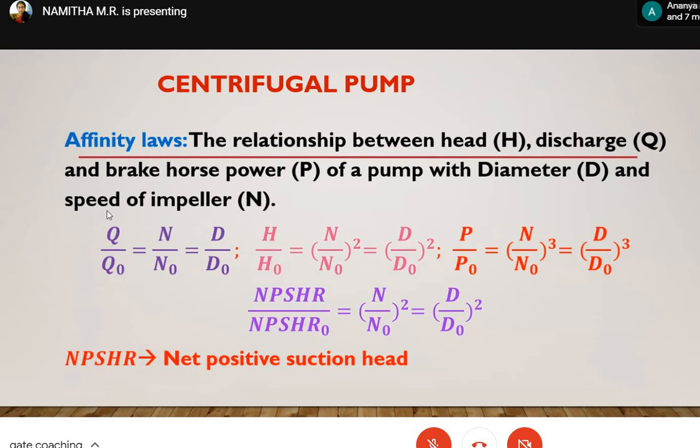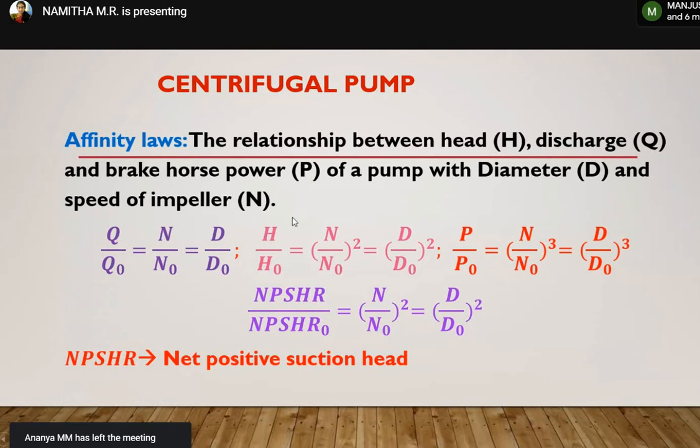The discharge of a pump is directly proportional to the speed and diameter. The discharge from a pump is directly proportional to the speed of the impeller and the diameter of the impeller. So from this equation, you have to assume that discharge is directly proportional to speed and diameter. The second affinity law is that the total head of a pump is directly proportional to the square of speed and square of diameter.